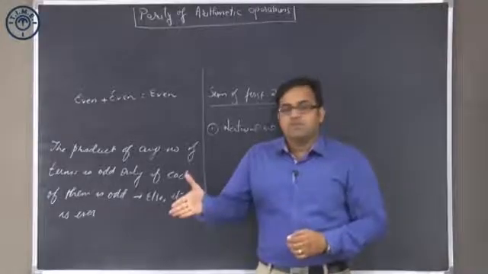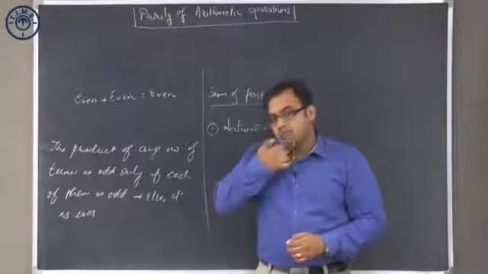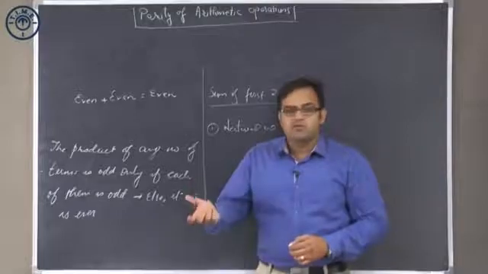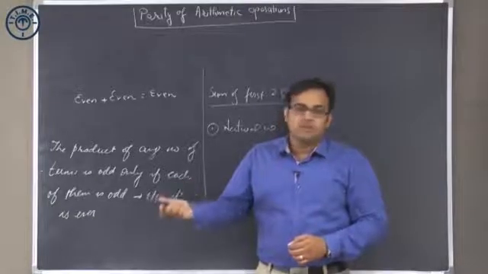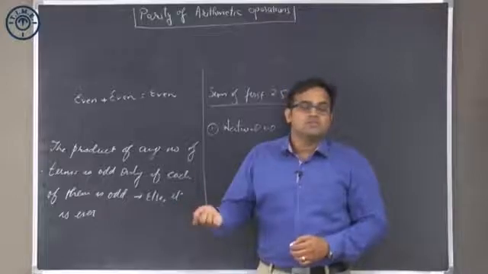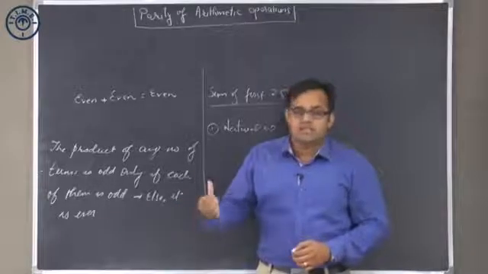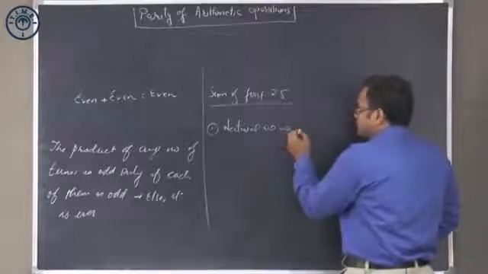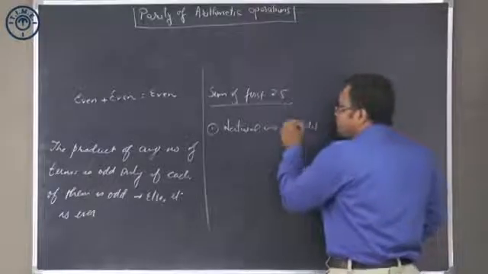Out of those 25 natural numbers, 13 will be odd and 12 will be even. Whatever number of even numbers, their sum will be even. There are 13 odd numbers, the sum of these 13 odd numbers will be odd. Odd plus even is odd. So therefore the sum of the first 25 natural numbers would be odd.